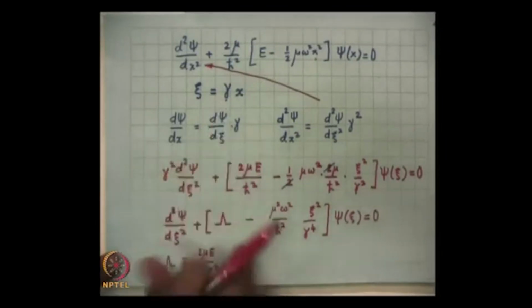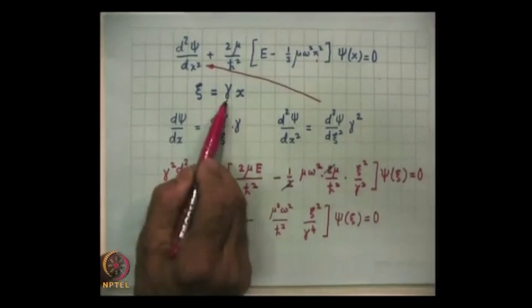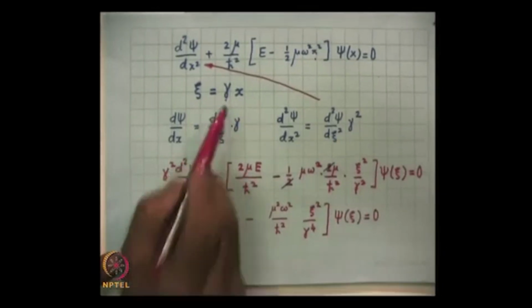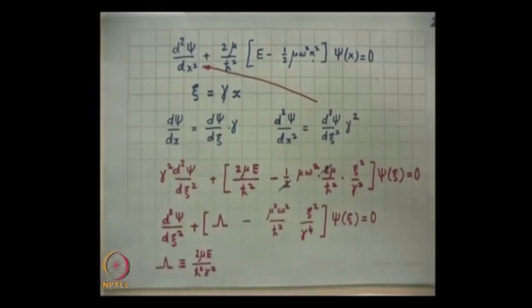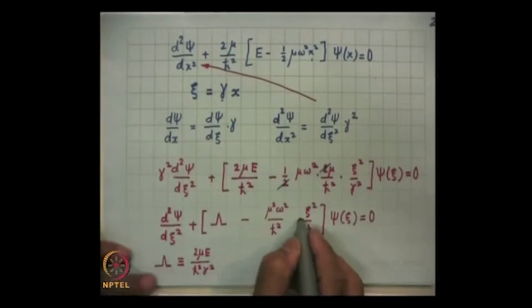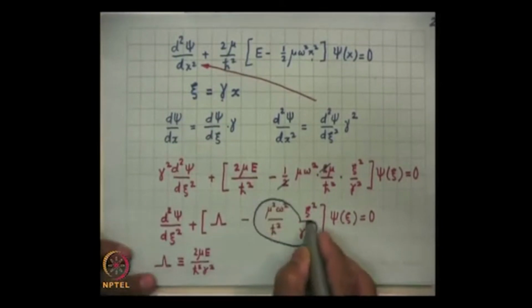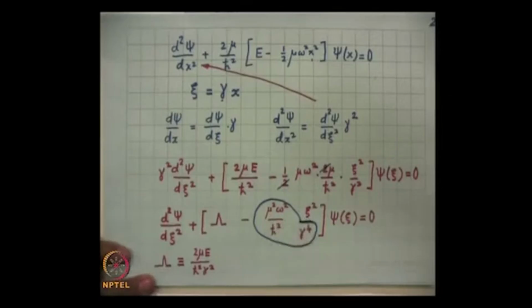I still do not know the value of gamma, I have not yet defined it. I now choose gamma such that this quantity is equal to 1, so that the coefficient of xi square is unity. So I choose gamma to the power of 4 equal to mu square omega square by h cross square.